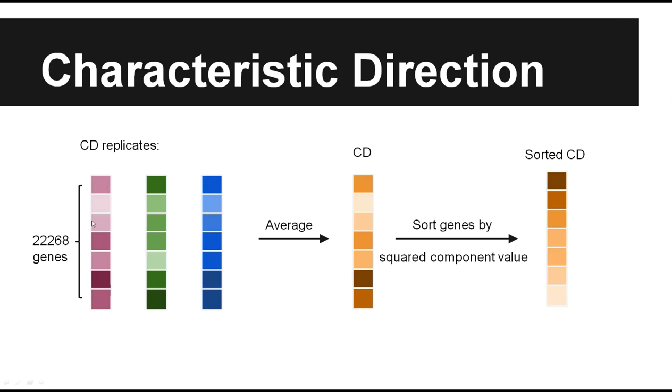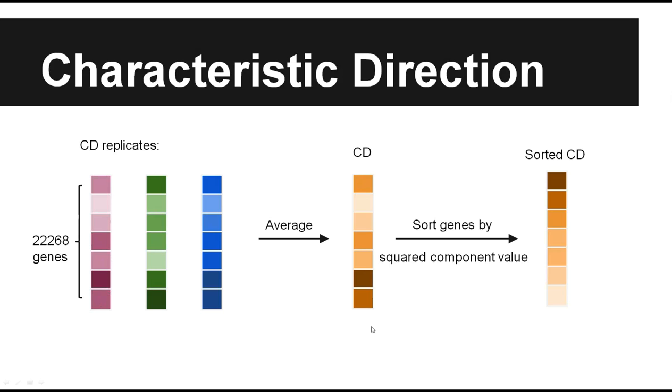So here each column will represent one CD replicate of the full gene set, and each square represents a gene, and the shade of the color represents the magnitude of each component, or how much the gene is differentially expressed in one replicate. So this is 3 CD replicates of one experiment of the 22,000 genes.